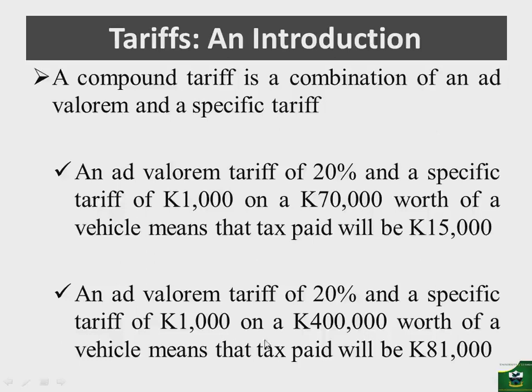I will leave it to you to do the calculation and arrive at 81,000 kwacha, which is the compound tariff. In other texts, the compound tariff is called the composite tariff because it is a composition of the ad valorem as well as the specific tax.